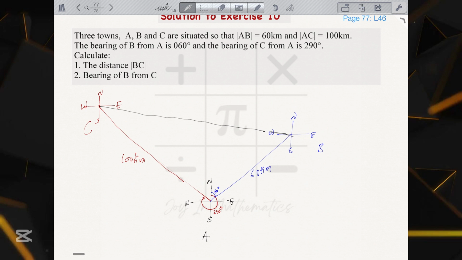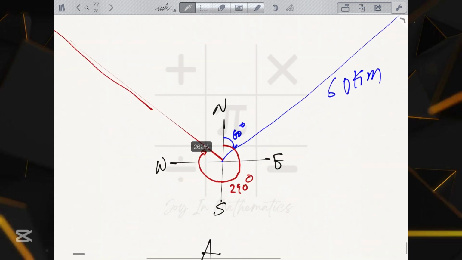Now let's simplify this diagram. If this is 290 degrees, then the remaining angle here will be 360 minus 290 degrees, because the total angle at the point is 360 degrees, and 360 minus 290 is equal to 70 degrees.